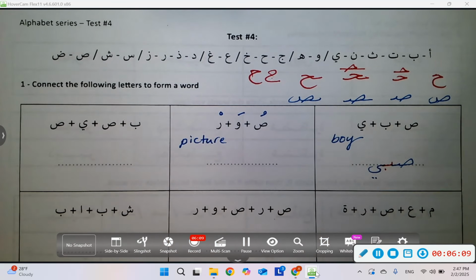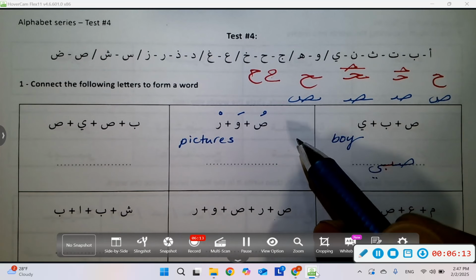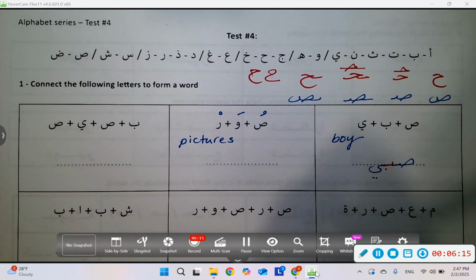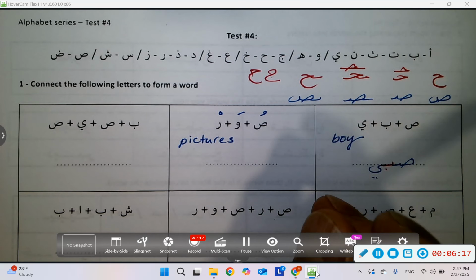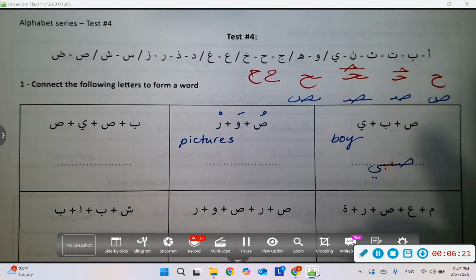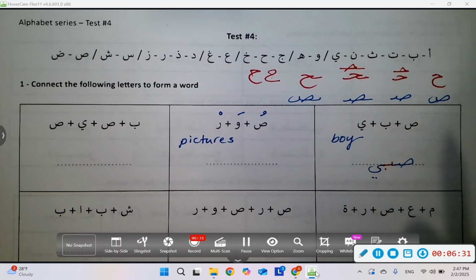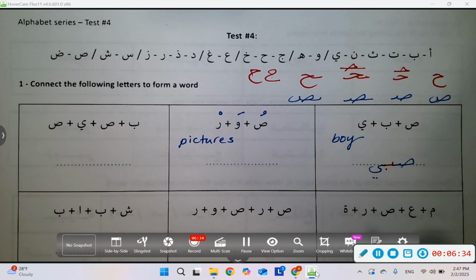And this is, by the way, the importance of harakat. It comes into play when we have words that have the same letters but different harakat. In this case, we have to write the harakat to show which one is which. So in order to make sure this is suwar, not sur, we have to add harakat.